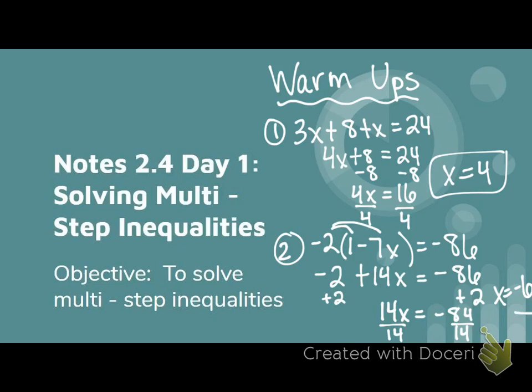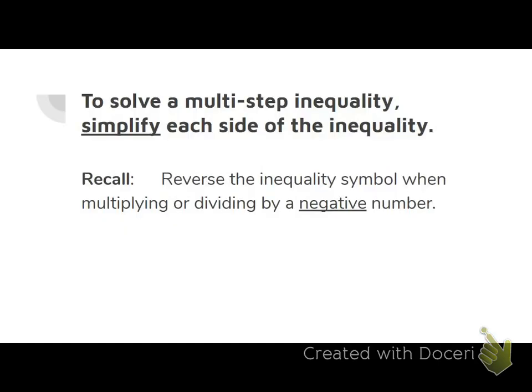Questions about our warm-ups? Concerns? Okay. To solve a multi-step inequality, simplify each side of the inequality. Recall that we reverse the inequality symbol when multiplying or dividing by a negative.